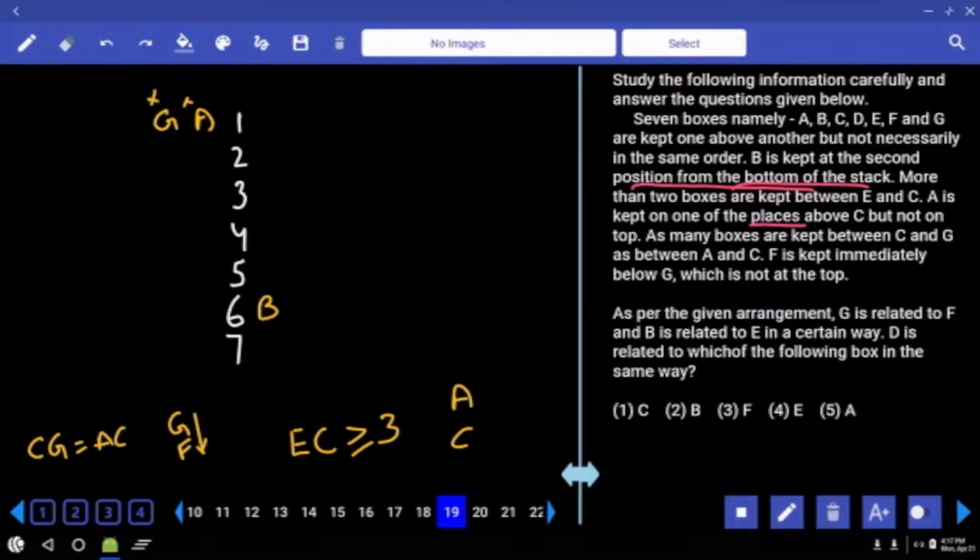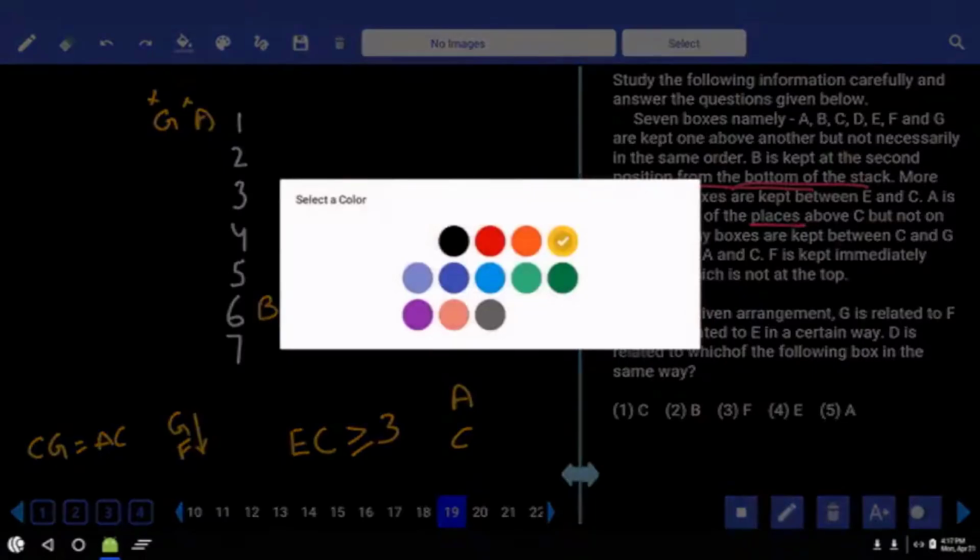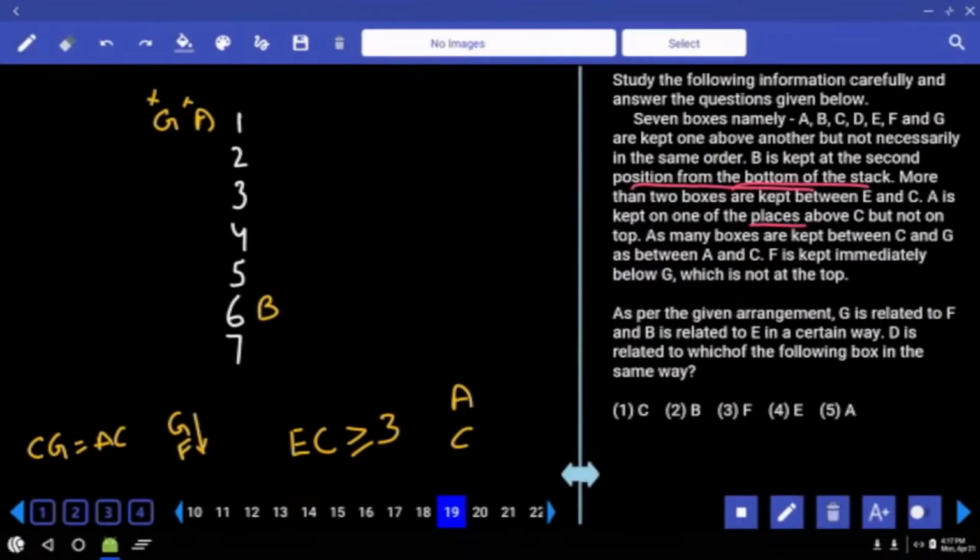Now B is here. Now G and F must be together. Let us take a possibility. G cannot be at the top. Can we have G and F like this? Now between E and C, and A is above this C. A cannot be here, then A must be here.